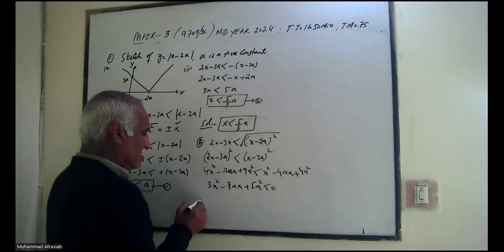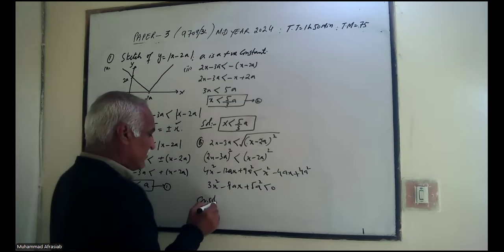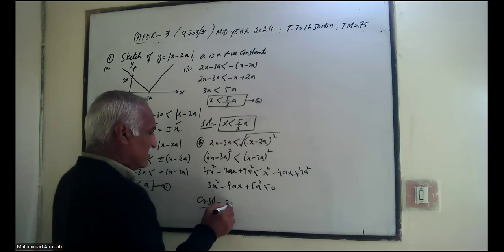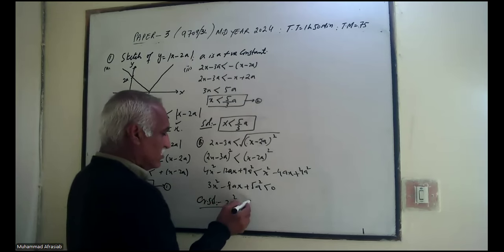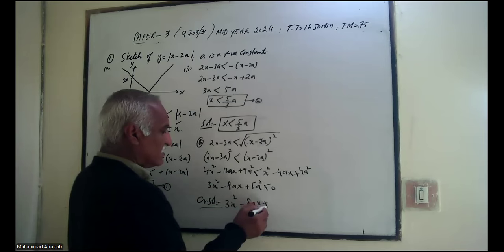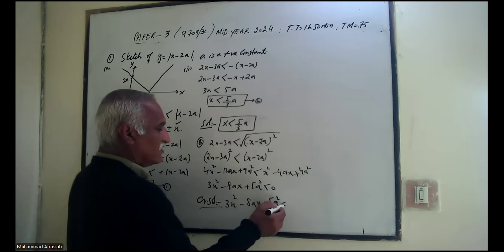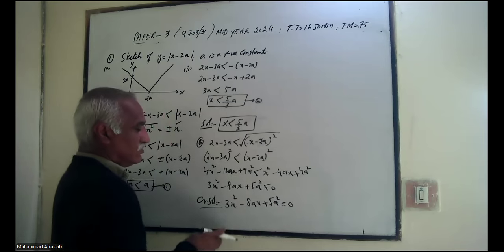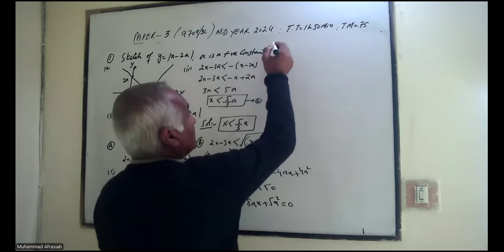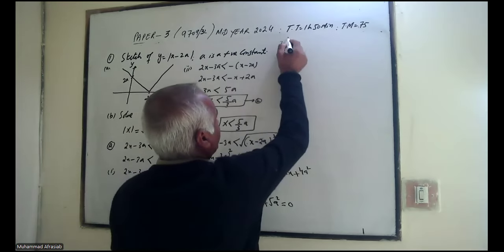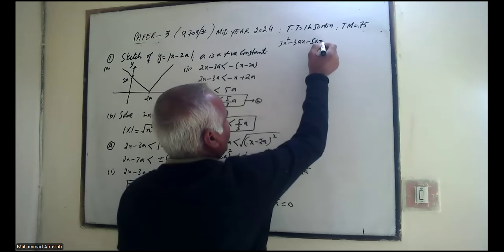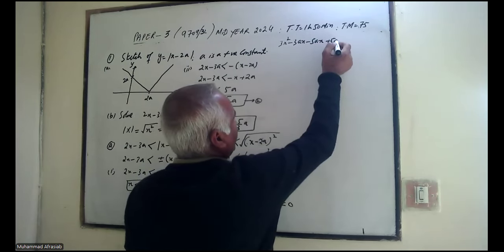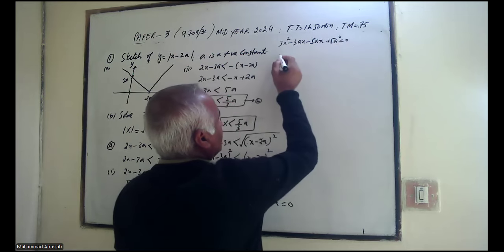Shifting it to one side, this becomes 3x square minus 8ax plus 5a square is less than 0. We use the critical values, which means this less than becomes equal to 0. If we factorize, it becomes 3x square minus 3ax minus 5ax plus 5a square equal to 0.